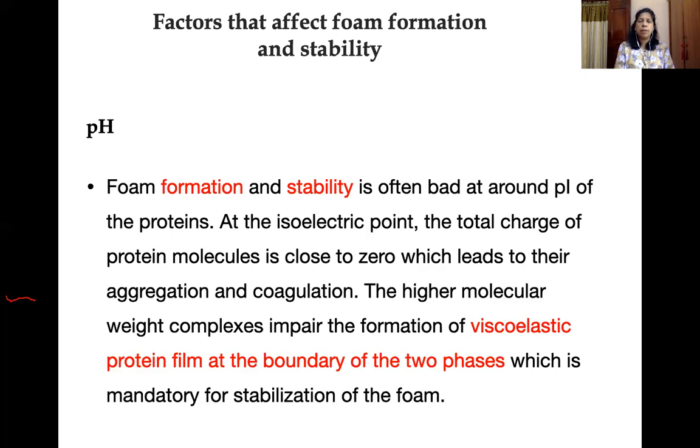The higher molecular weight complexes impair the formation of a viscoelastic protein film at the boundary of the two phases, which is mandatory for stabilization of the foam. The viscoelastic protein film is really important at the two phases to stabilize the foam.